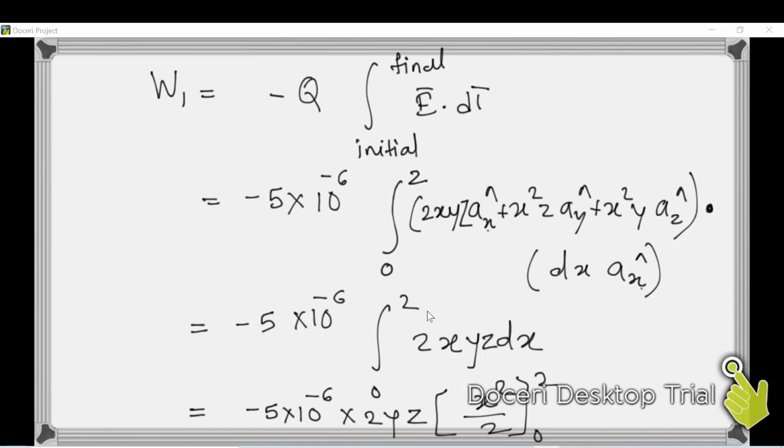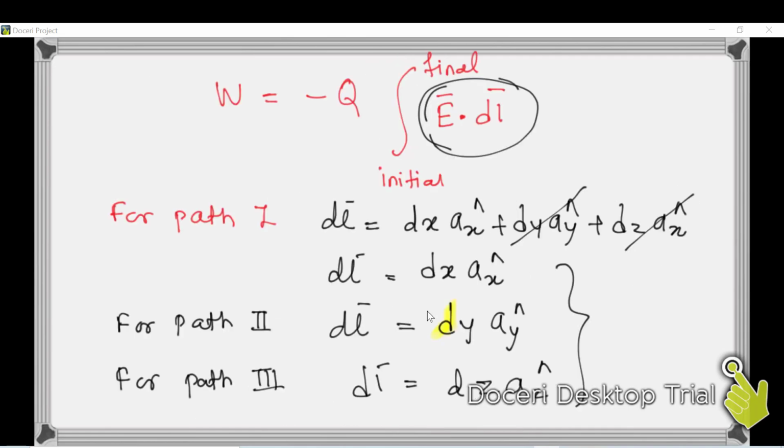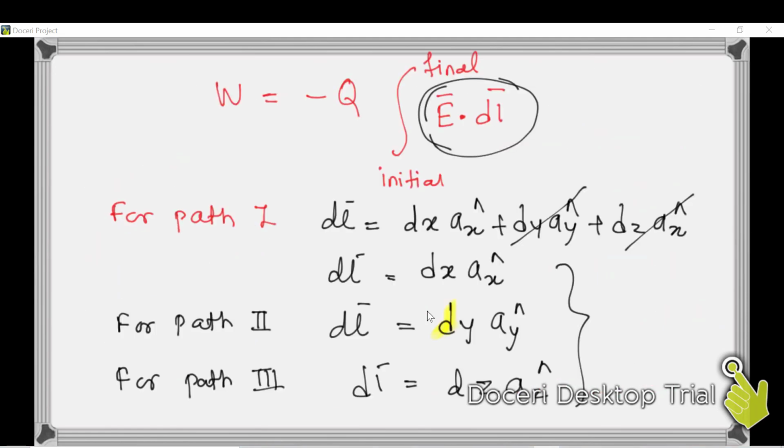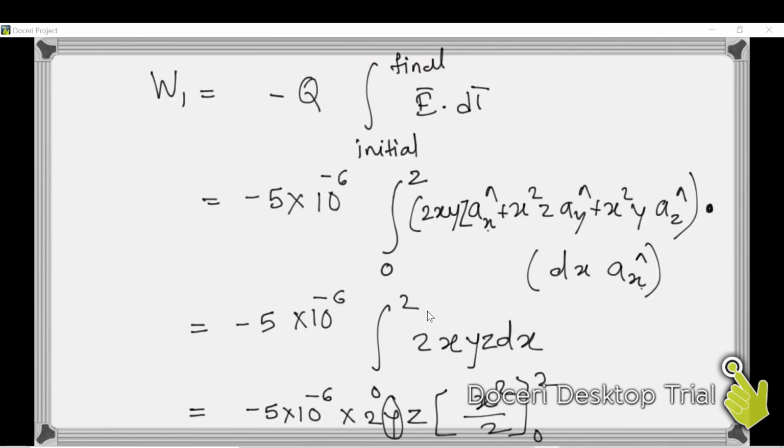Now see, what is the value of x for this path? X is changing, okay. What is the value of y for this path? Y is not changing, it is 0. What is the value of z for this path? It is not changing, it is 0. So both y and z values are 0, 0 for this path.